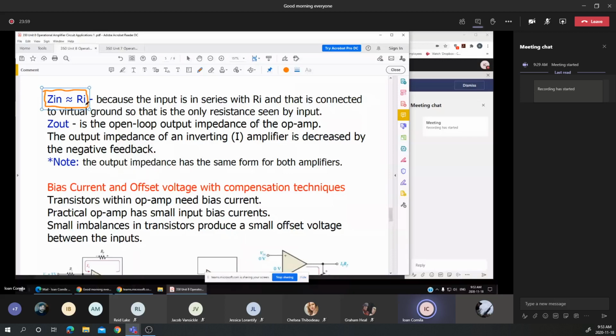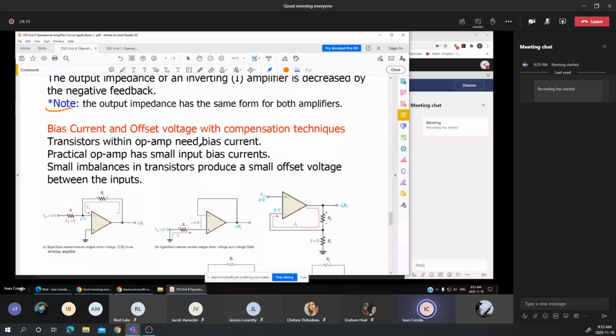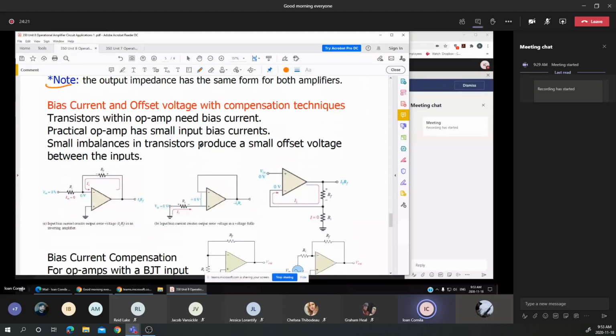The Z out is the same as the output impedance for a non-inverting amplifier. I put a note emphasizing that both circuits, the inverting and the non-inverting amplifier, share the same equation. Now, the other topic is the compensation technique.